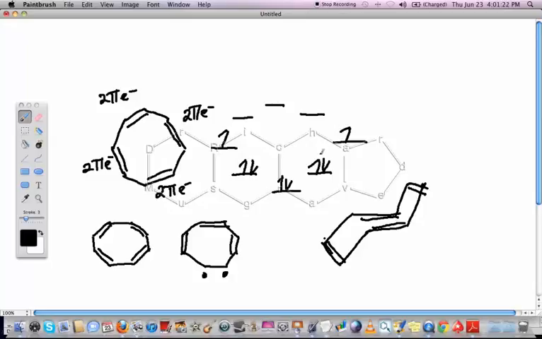That's how we get all these equal energy levels. Now, with the p orbitals no longer all being able to overlap, this is not subject to those kinds of rules. And this will not be considered to be aromatic, nor would it be considered to be anti-aromatic. It's just considered to be non-aromatic.